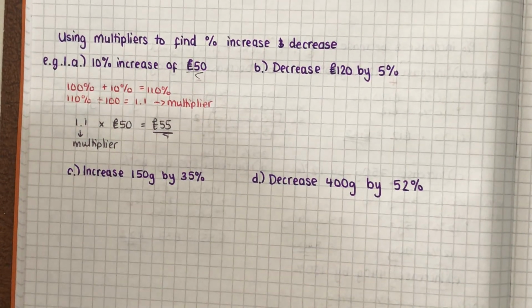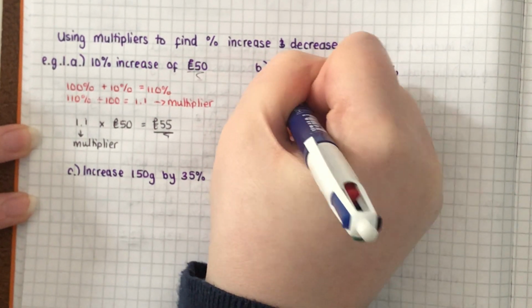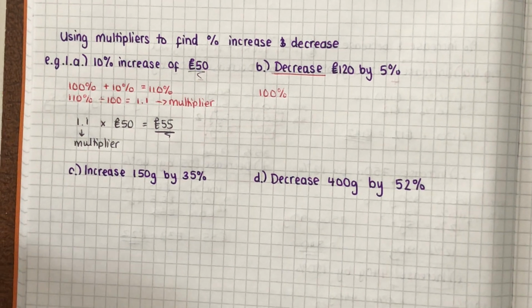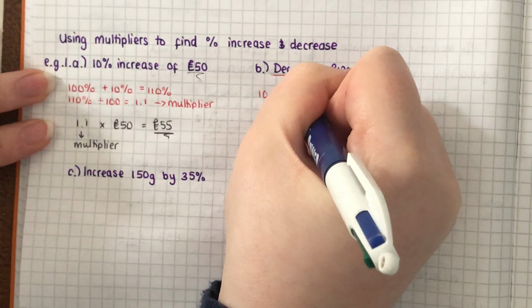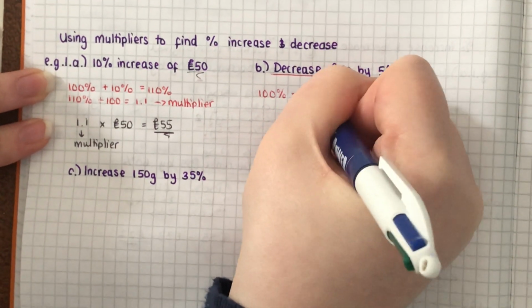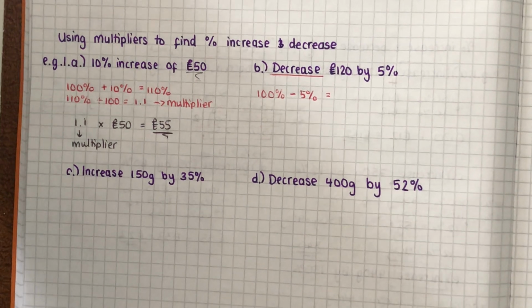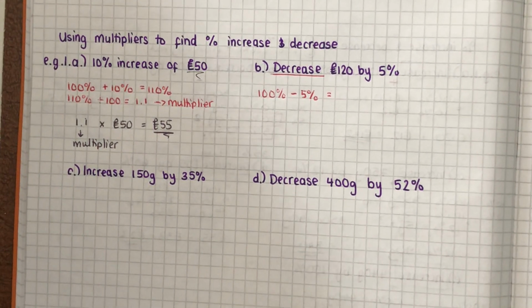So for B, similar start. We always start with 100%. Now this time we are decreasing, so that means that the amount is going to get smaller by the percentage in the question. Because it's 5%, I'm actually going to subtract it, because normally we'd find 5% of £120 and we would take the answer away from 120.